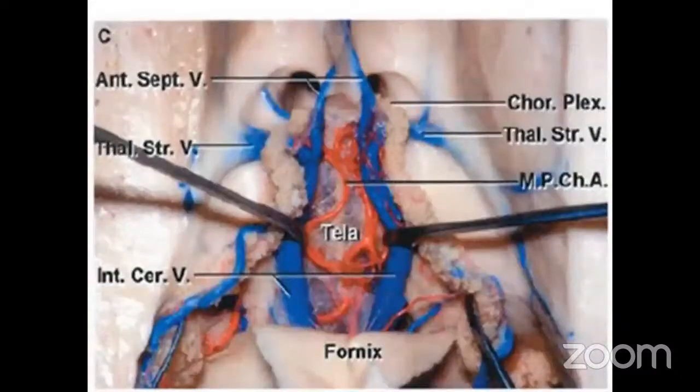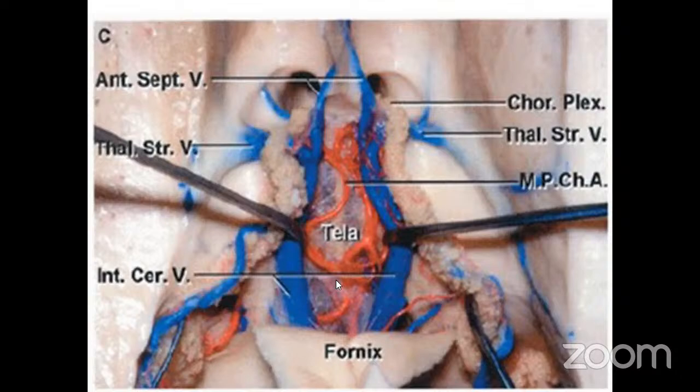In this diagram, the internal cerebral veins have been separated to expose the branches of the medial posterior choroidal artery. We can see the medial posterior choroidal artery, and also we can appreciate the tela choroidea present.